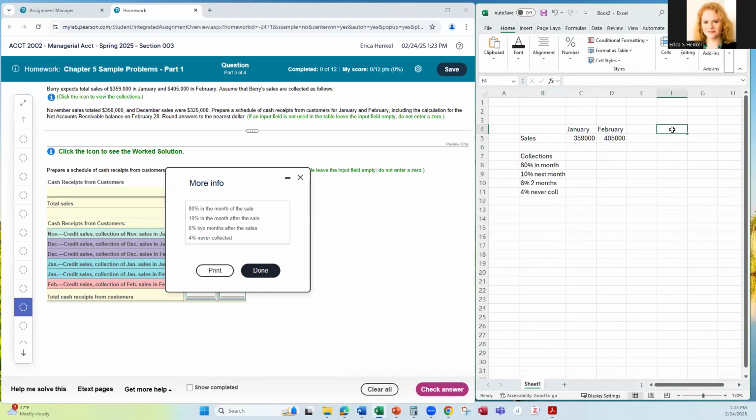Okay. So I'm just going to put bad debts over here. So from that, for each month, we're going to have 80% of this 359. So 0.8 times 359. And then in February, we're going to have the 10% of January, right?